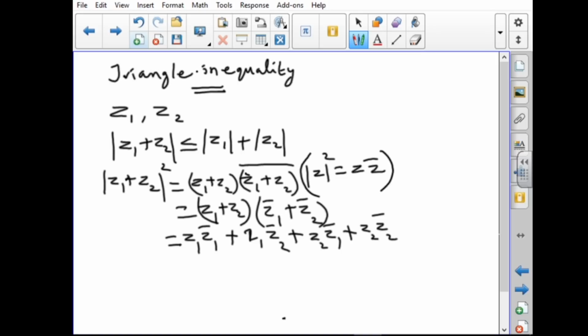Now by this property again, z1 into z1 bar can be taken as modulus of z1 the whole square, plus z1 z2 bar you write as it is, and z2 z1 bar can be taken as z1 into z2 bar the whole bar, because we know that the bar of z2 bar is equal to z2 and z1 bar.